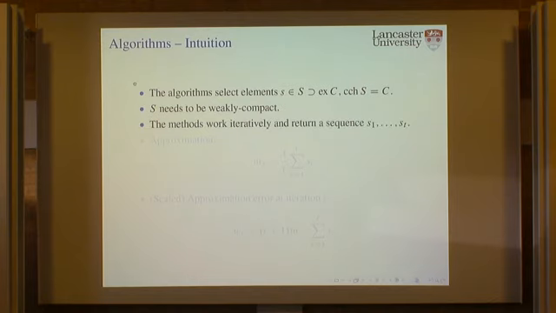The methods are greedy. Another way to say that is they work iteratively and produce a sequence of elements S1 to ST. Later on, I'll show how you can relate these back to points in your sample space. But essentially, you get a sequence of elements, and the approximation itself is super simple.